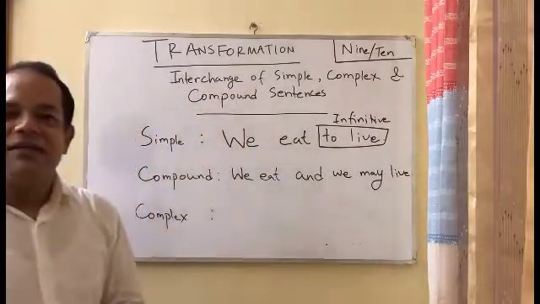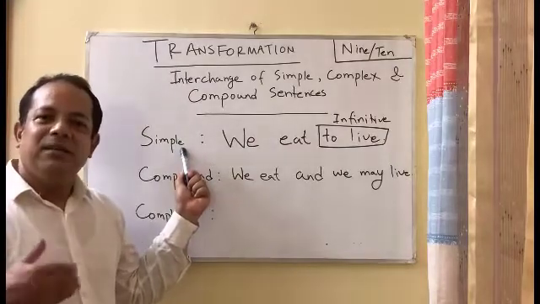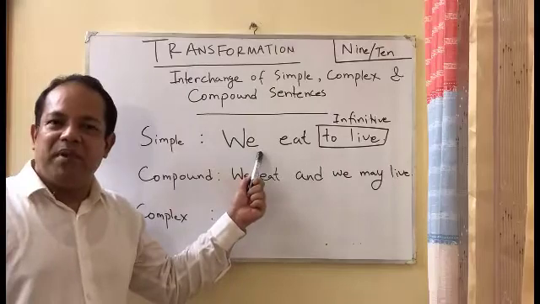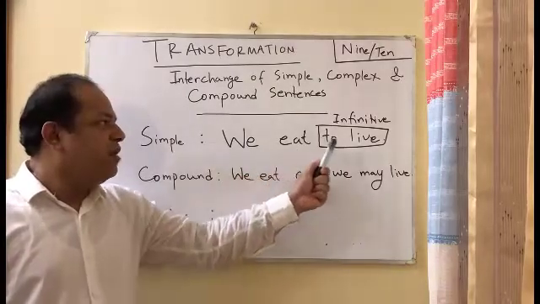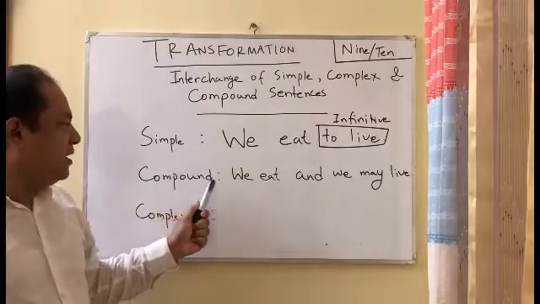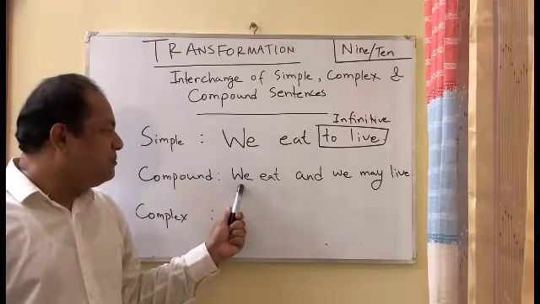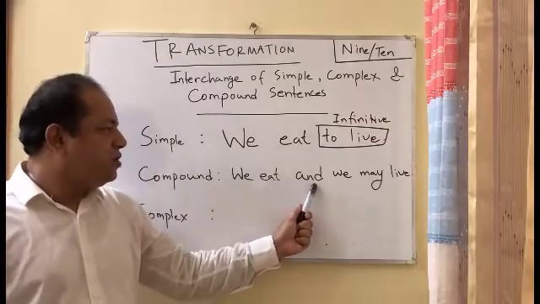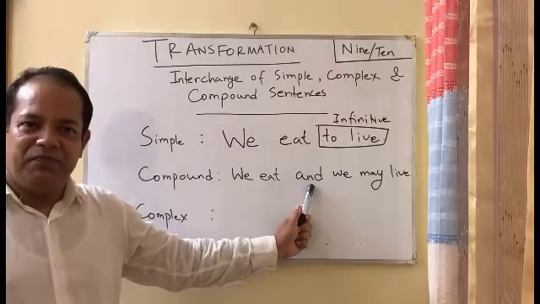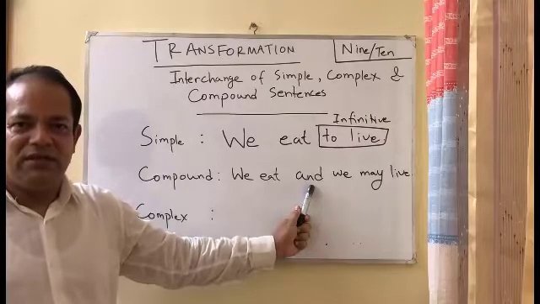So you see that in simple sentence we have only one subject, one finite verb, and we have used infinitive. But in compound sentence, dear students, you see one subject, one verb, and we have used a coordinating conjunction, any one of fanboys.